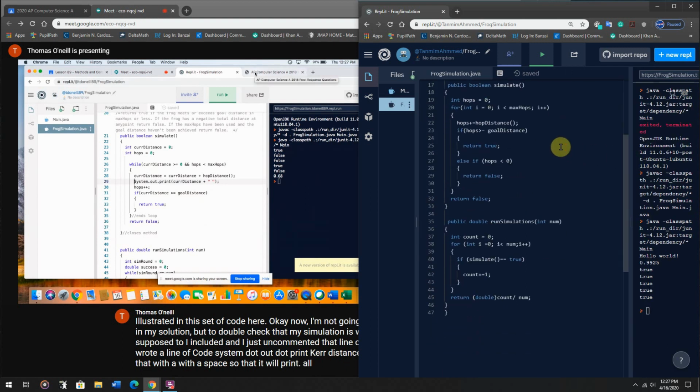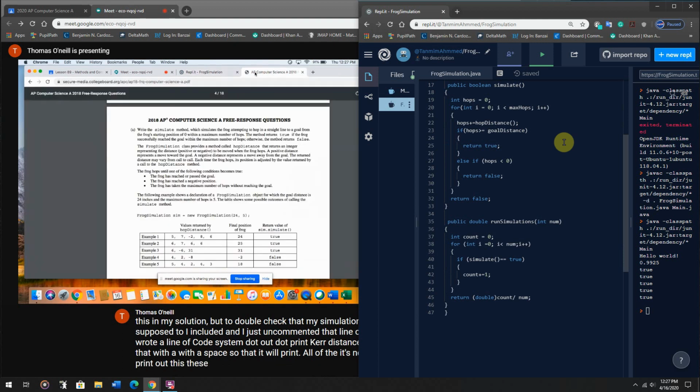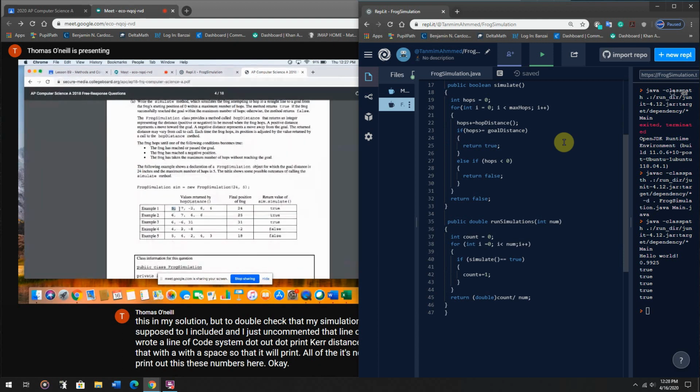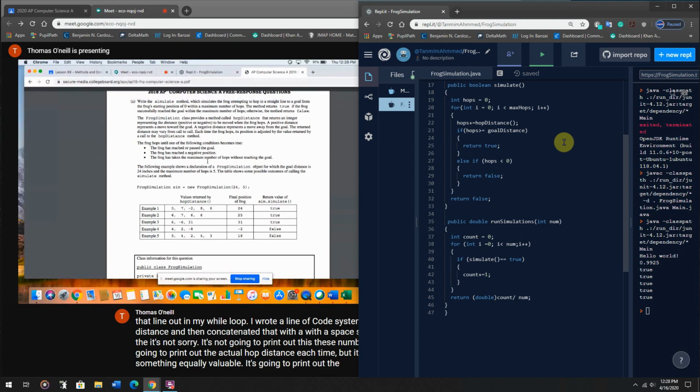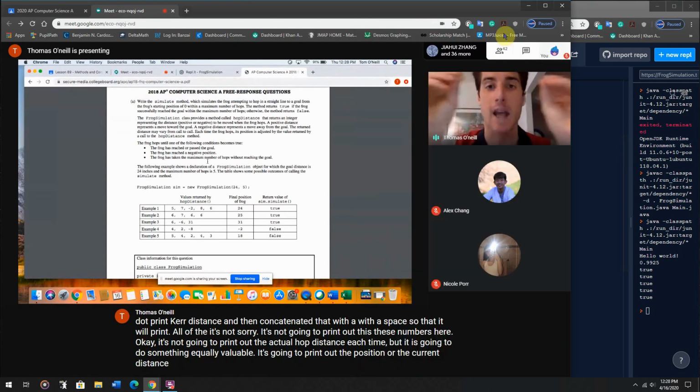It's not going to print out the actual hop distance each time, but it is going to do something equally valuable. It's going to print out the position, or the current distance, that the frog is at that moment in time.